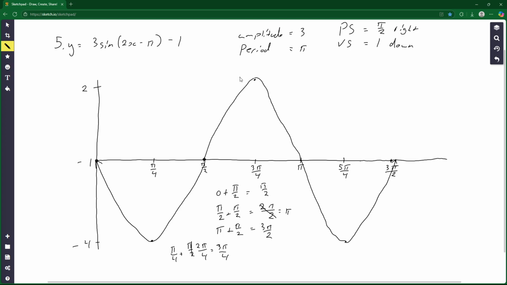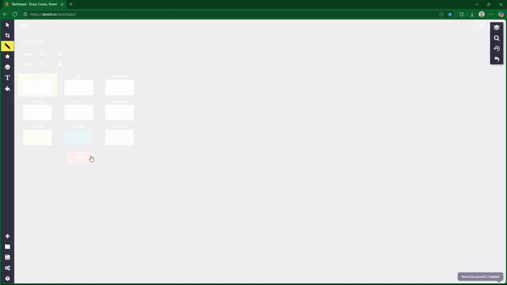And that is really it for that graph. I'll do another one of the reciprocal trig functions, such as tangent, cotangent, and cosecant. Go ahead and do number 7.